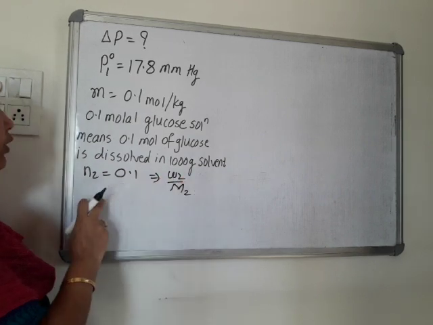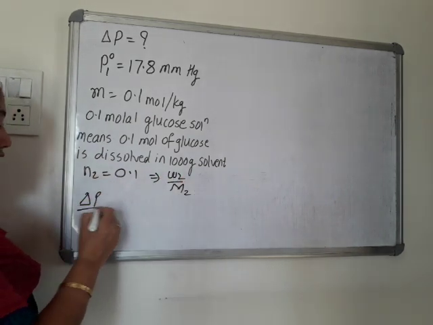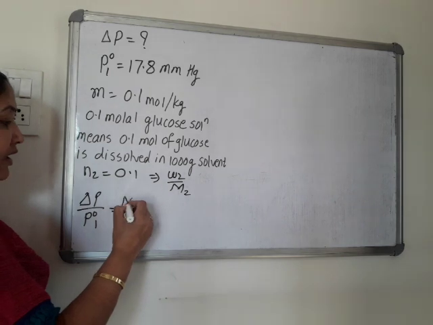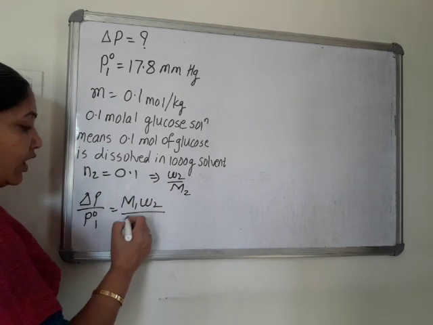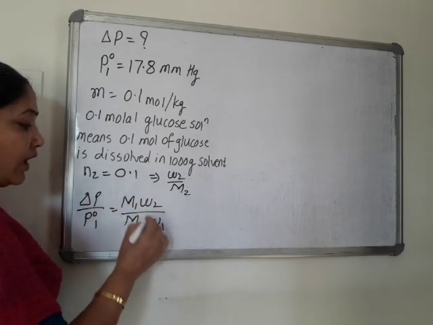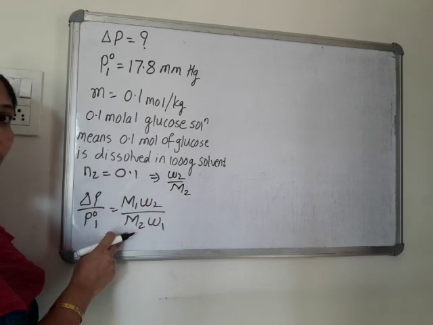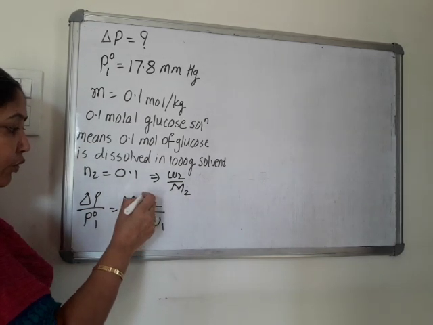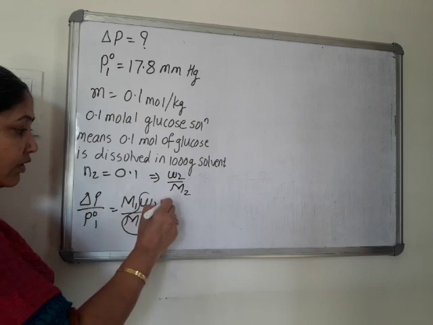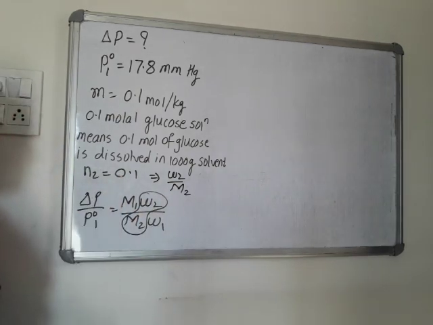Getting my point? Okay. What is our formula? Delta P upon P01 is M1 W2 upon M2 W1. But W2 upon M2 is nothing but 0.1.